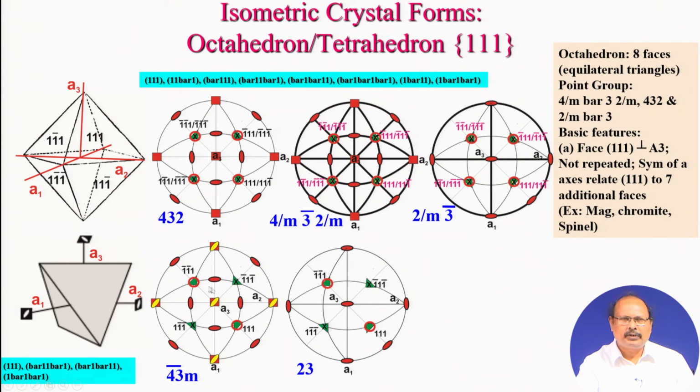After 180 degree rotation it will be regenerated here as another face, which also intersects the positive direction of the A3 axis, but this face will now intersect the negative direction of the A1 axis and the negative direction of the A2 axis, and it will be given a symbol of bar 1 bar 1 1.